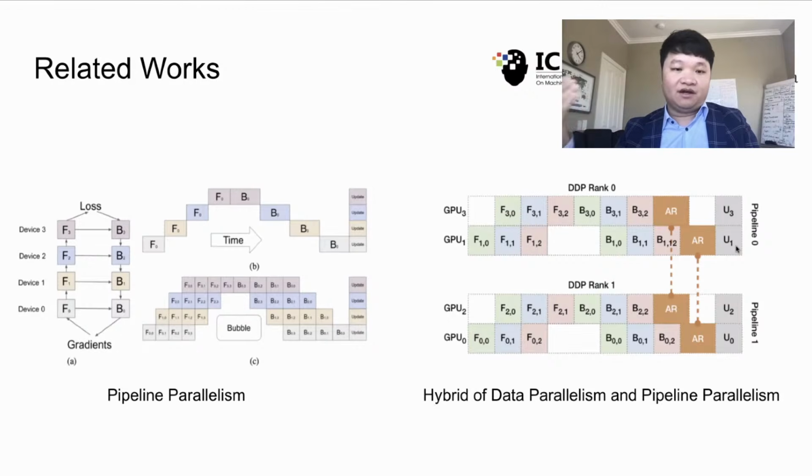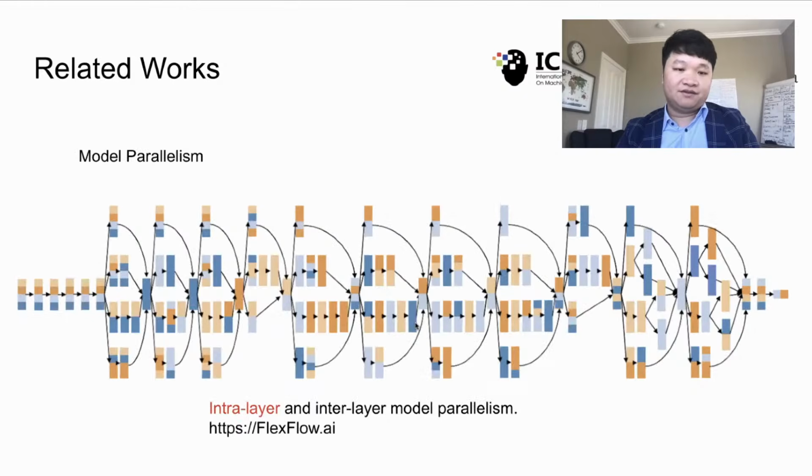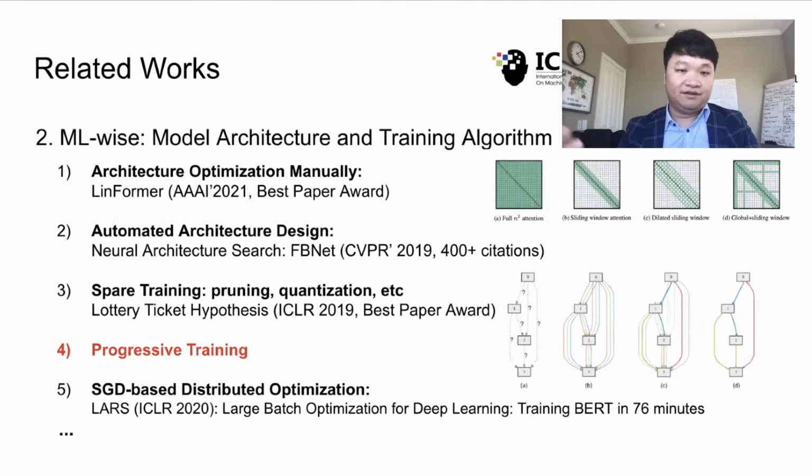The update means we call the optimizer to update the weights using the synchronized gradient. So these are lines of work about pipeline and data parallelism. People also propose different model parallelism, which means we cut inside the layer across multiple GPUs, not just across layers. So it's called intra-layer model parallelism. This is also a very important way to train giant transformers.